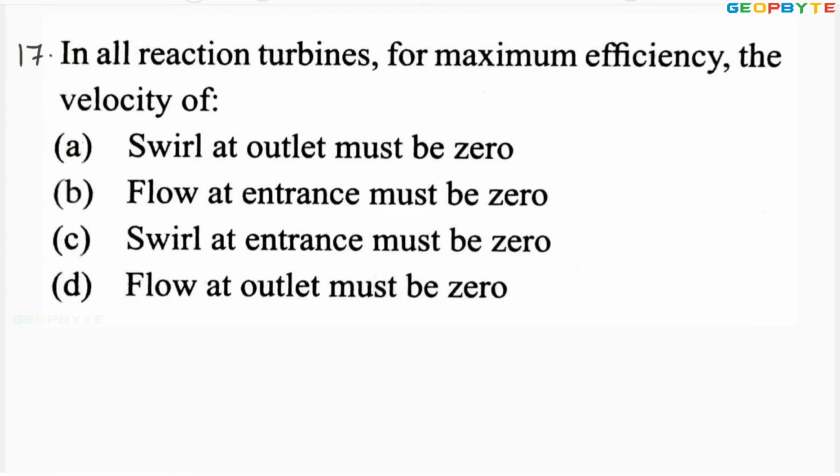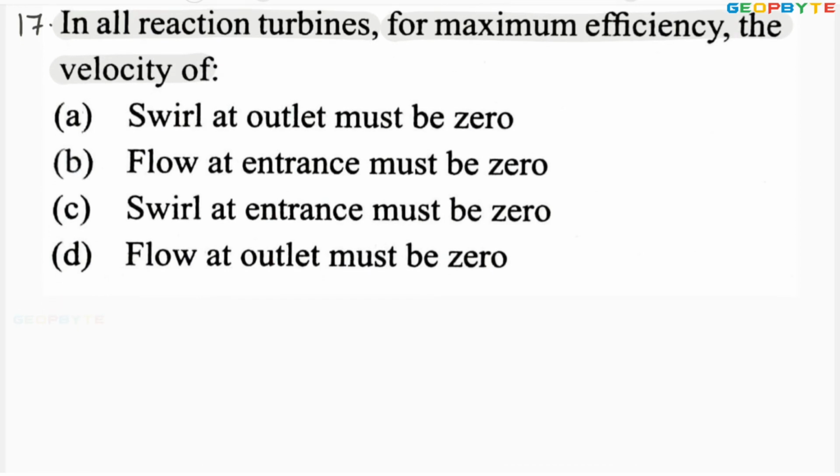Look at the 17th problem. In all reaction turbines, for maximum efficiency, the swirl velocity at outlet must be equal to 0. Yes, absolutely correct.